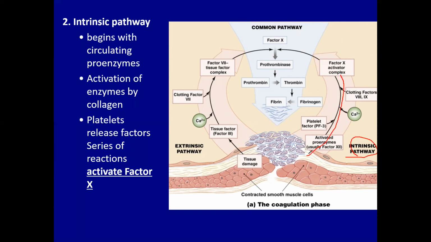As you can tell here, I'm not super excited about you knowing all of these series of events, which are again going to allow for the activation of factor X. So you have the outside pathway, extrinsic, that allows for factor X to be activated. Then you have the intrinsic pathway that also allows for factor 10 to be activated.